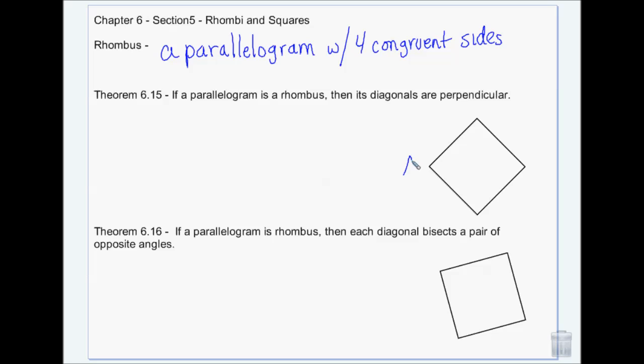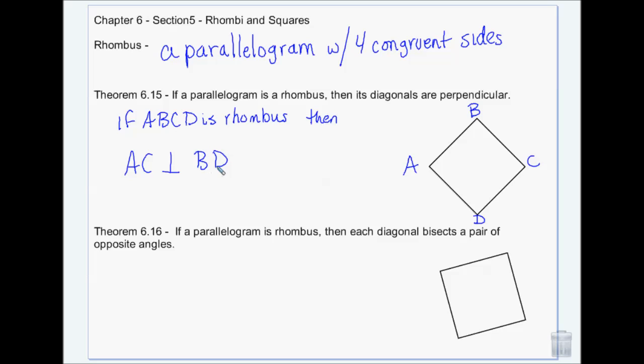So if ABCD is a rhombus, that means all 4 sides are the same length. And if it's a rhombus, the diagonals are going to be perpendicular to each other.